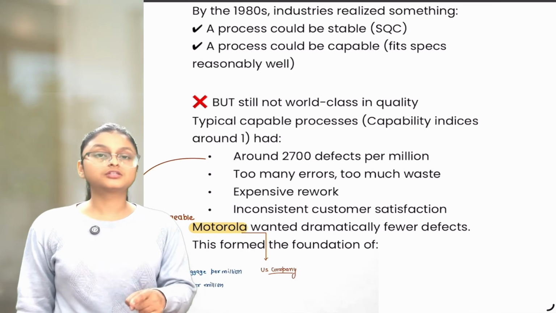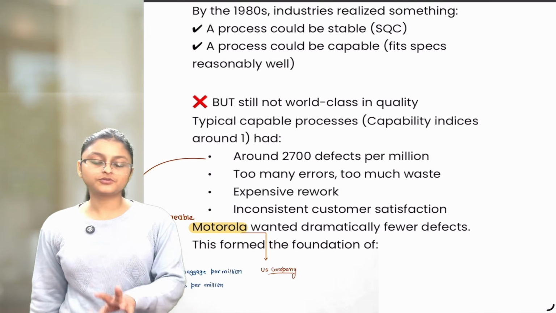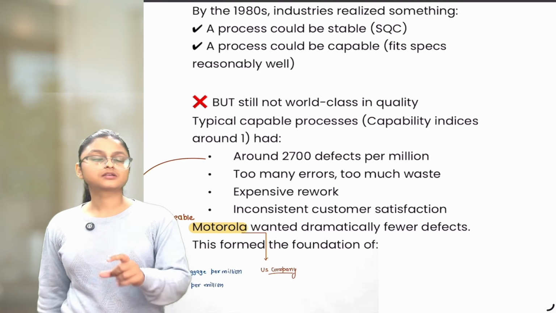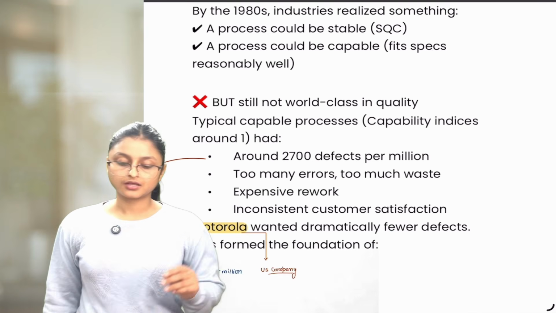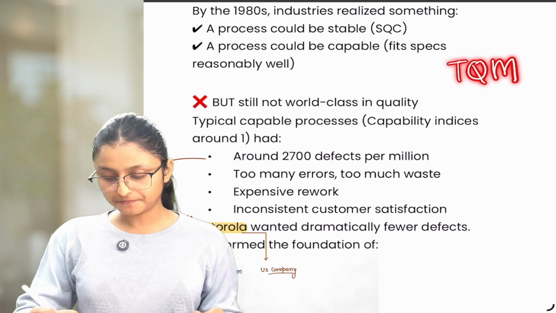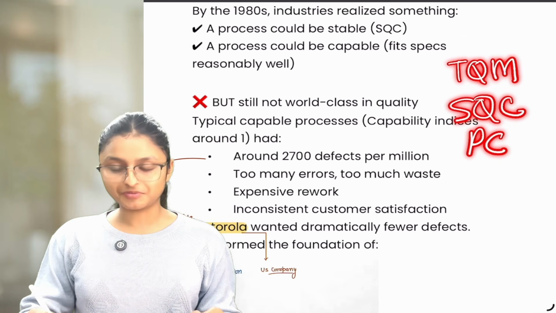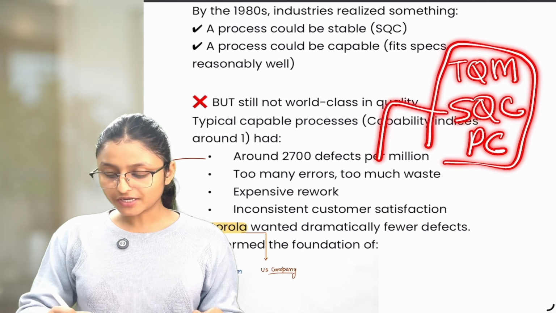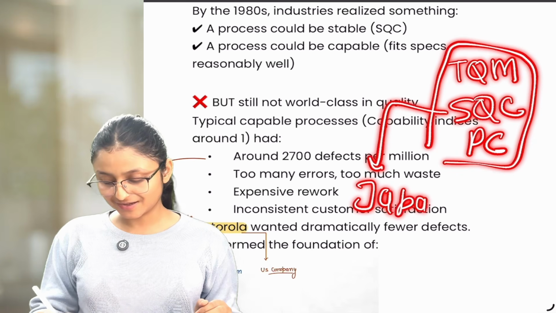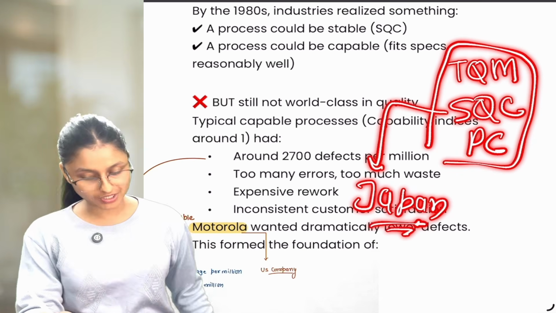So this is what Motorola found out. Motorola wanted dramatically fewer defects, and this formed the foundation of Six Sigma. If you notice, whether it be TQM, statistical quality control or process capability, all of these were introduced in Japan. After the World War, Japan was very heavy on improving quality.